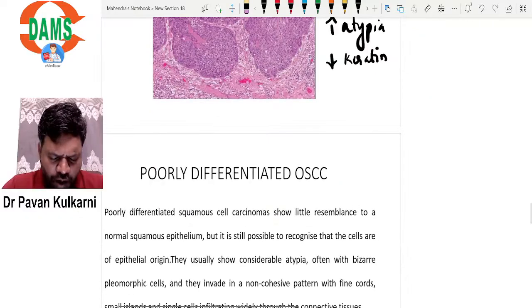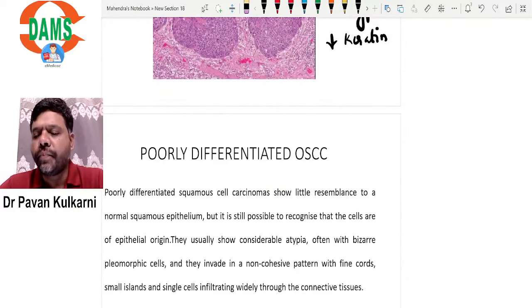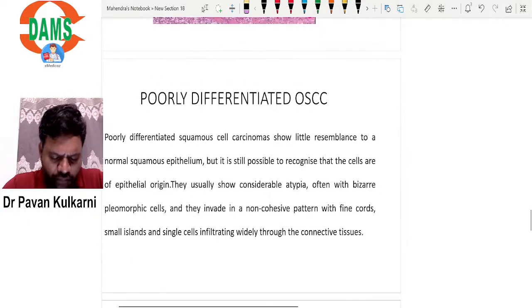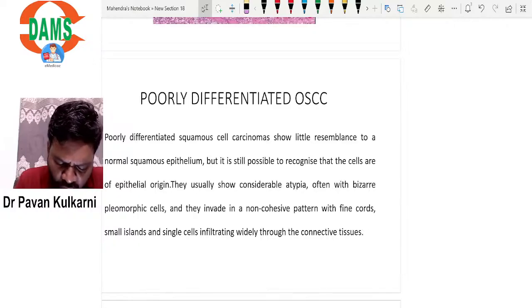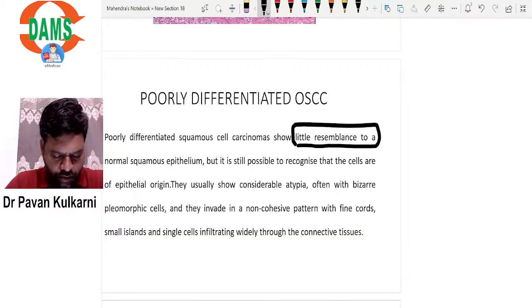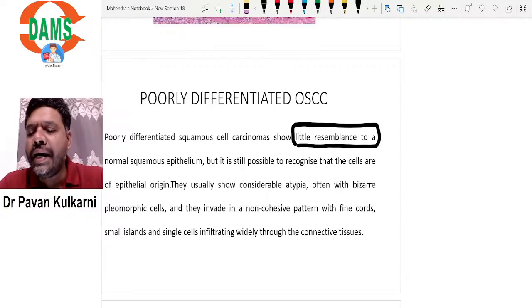What about poorly differentiated squamous cell carcinoma? Poorly differentiated squamous cell carcinoma is one which shows little or least resemblance. Please remember, least resemblance. That is why we call it poorly differentiated.